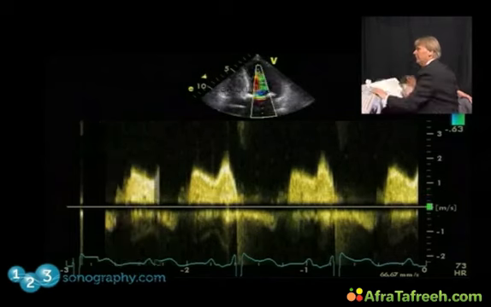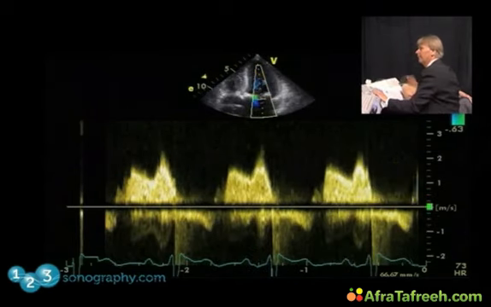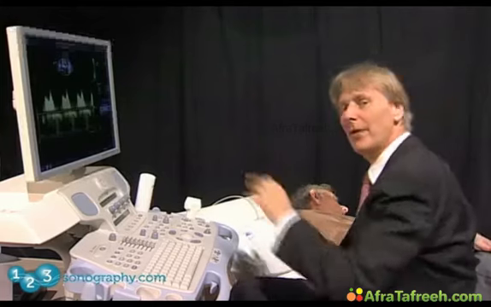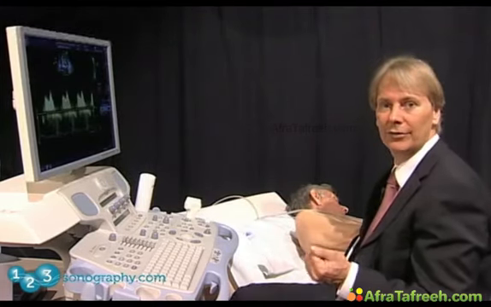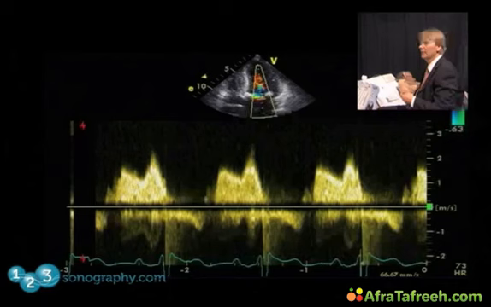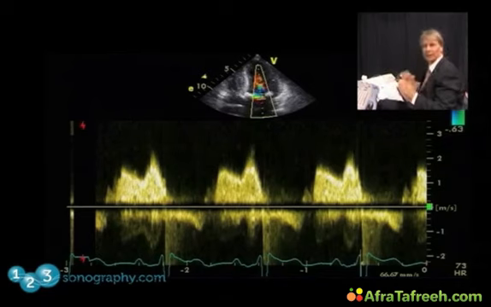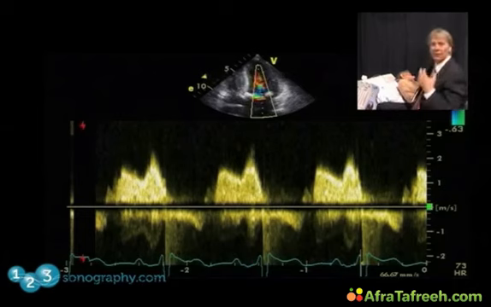Okay, this is a better signal. So the problem we have here, we can see that immediately, is that the A wave is taller than the E wave. So we have impaired relaxation, some form of diastolic dysfunction, and in this setting, we cannot use pressure half-time. So this will leave us with the question, what is the mean gradient?